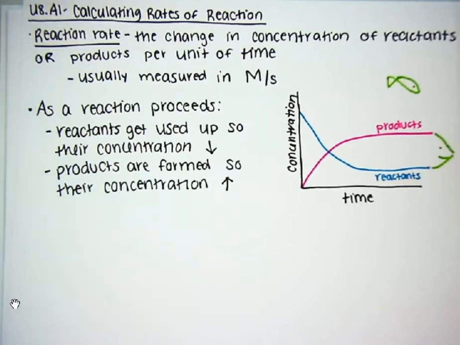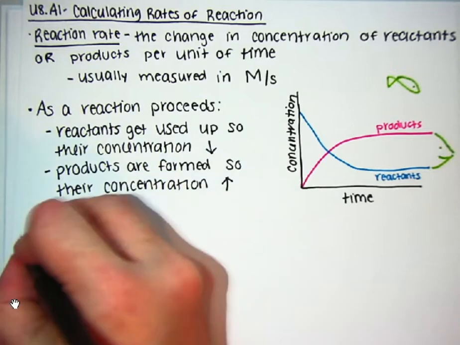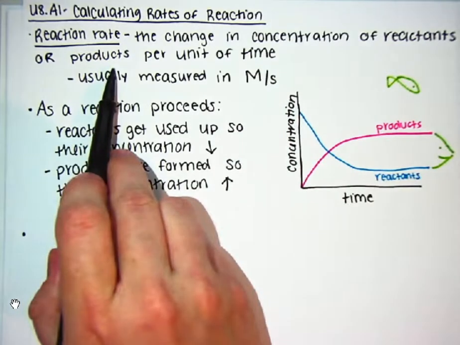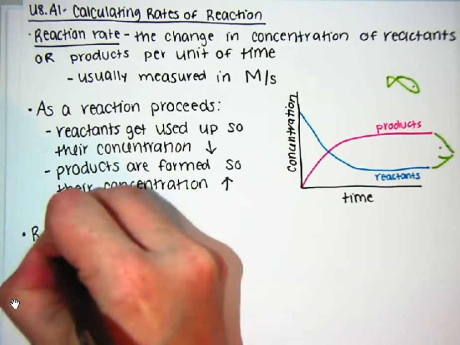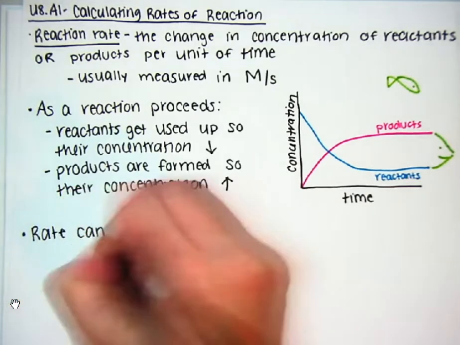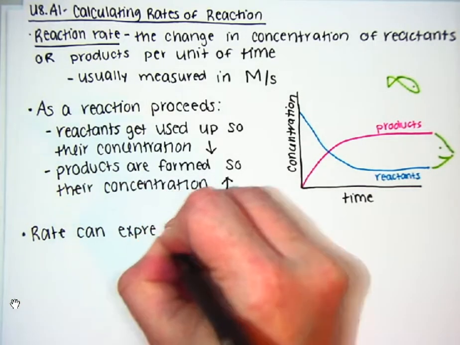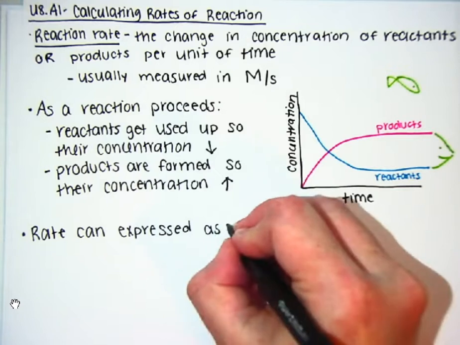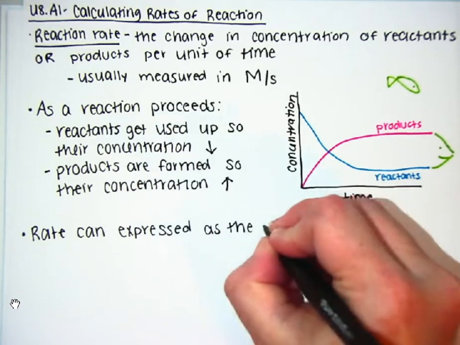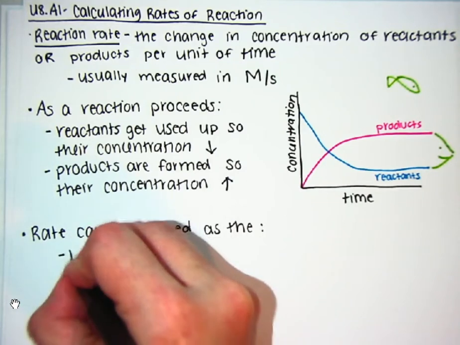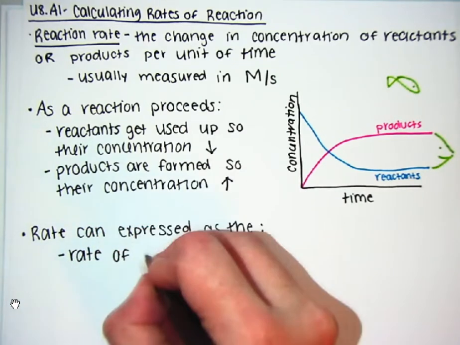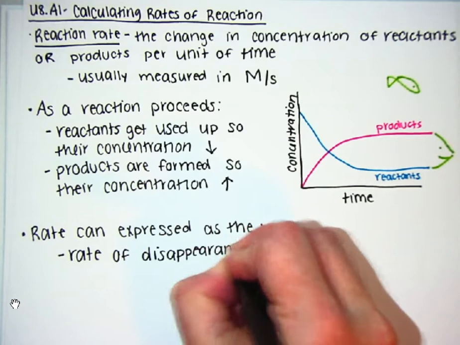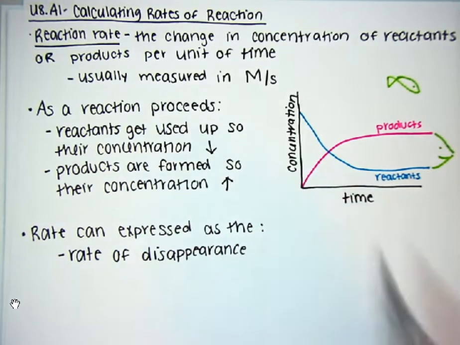All right, so let's talk about how do we calculate rate. Remember, we can express it either way, the change in concentration of reactants or the change in concentration of the products. So rate can be expressed as the rate of disappearance, and again, which one is disappearing?